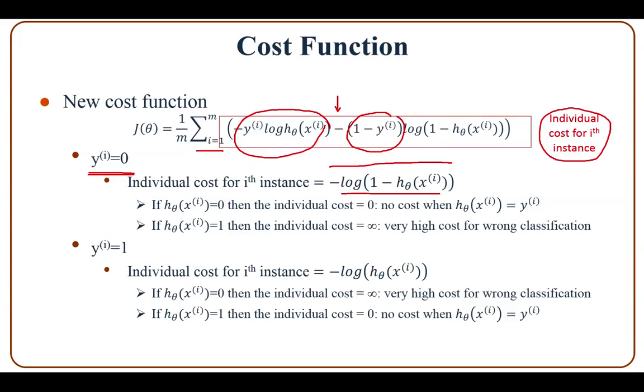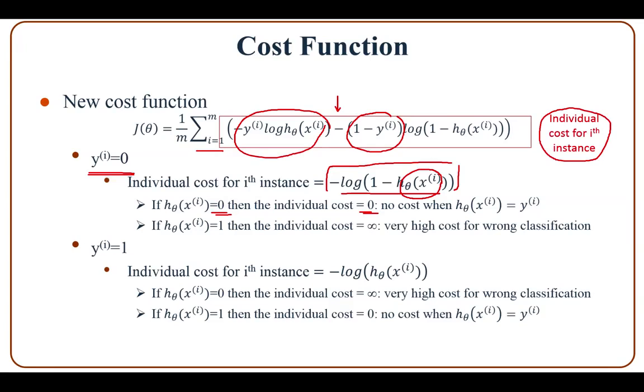So what we have left is just this. Now if h of x at xi is equal to 0, then the individual cost is equal to 0.